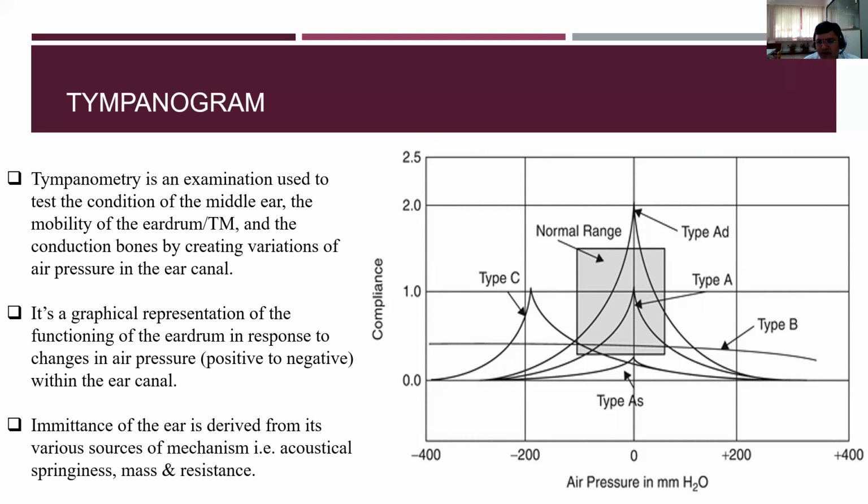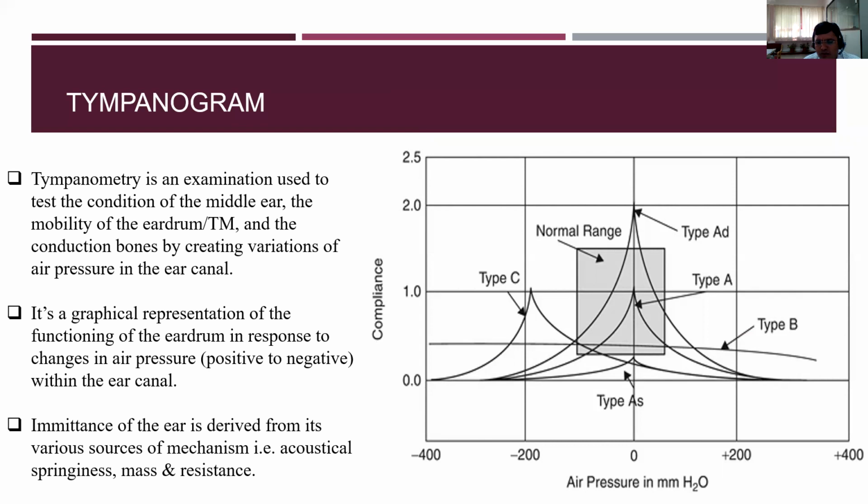If someone has dislocated ear ossicles, you are expecting a hypermobile tympanic membrane, as dislocation of the ear ossicles leads to high compliance of the middle ear. So you are expecting an AD type of tympanogram.